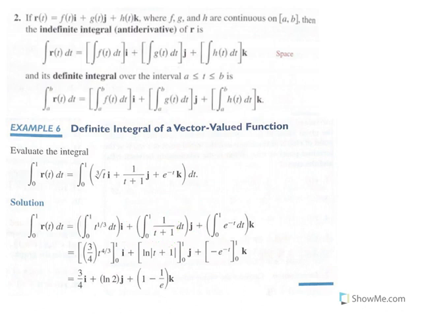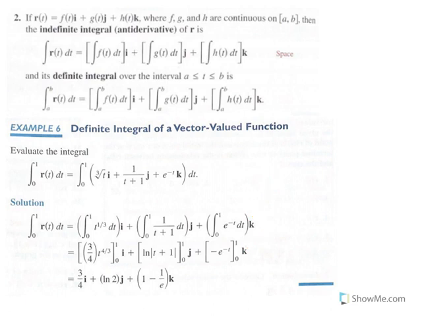And here you have the antiderivative of e to the negative t, which is e to the negative t multiplied by negative 1. Evaluate the antiderivative at the upper and lower limits of integration and subtract, and multiply by the standard unit vector k.